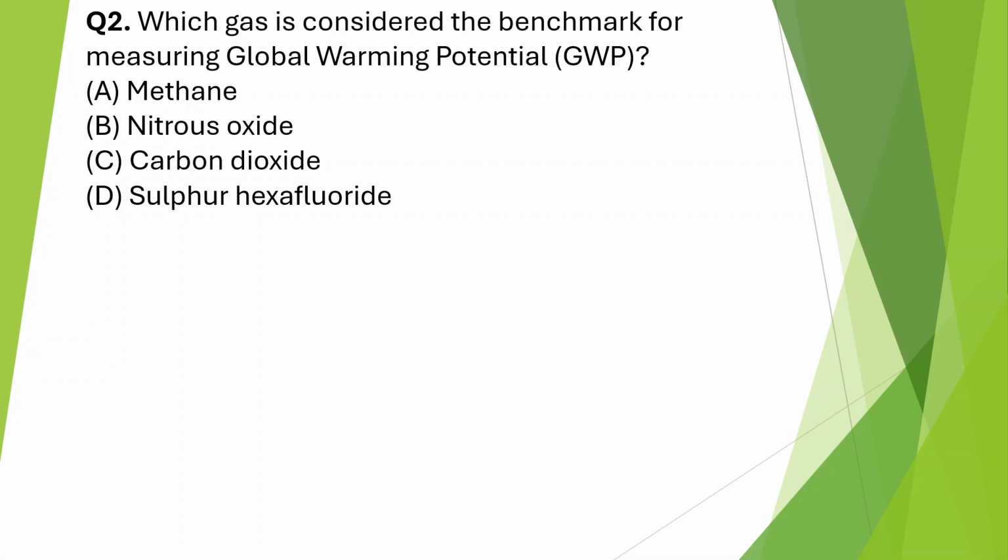Let us project the second question for you all. It asks which gas is considered the benchmark for measuring global warming potential. Whenever you calculate the global warming potential of different gases, you have to relate or calculate the values of other gases based upon one baseline or benchmark.